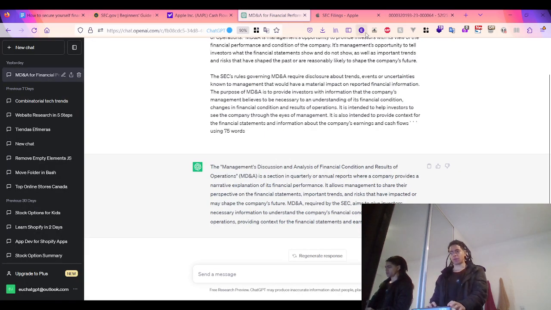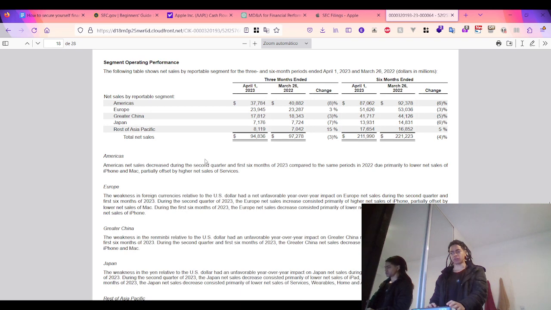This is required by the SEC, and it aims to give investors necessary information to understand the company's financial condition and results of operations.